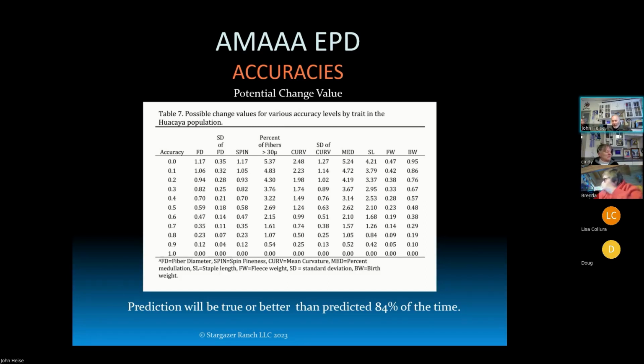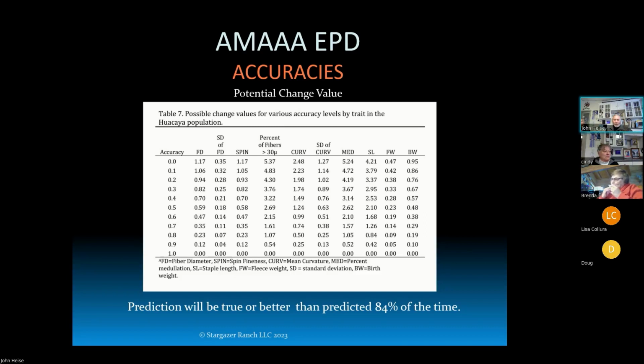What EPD accuracy actually describes is a potential change value. In other words, based upon the amount of data the program had to go off of to make its prediction, it's going to hedge its bet by saying a number, but that it could fall within these ranges. So it's just basically giving you the spread as to what you should expect for that amount of data.